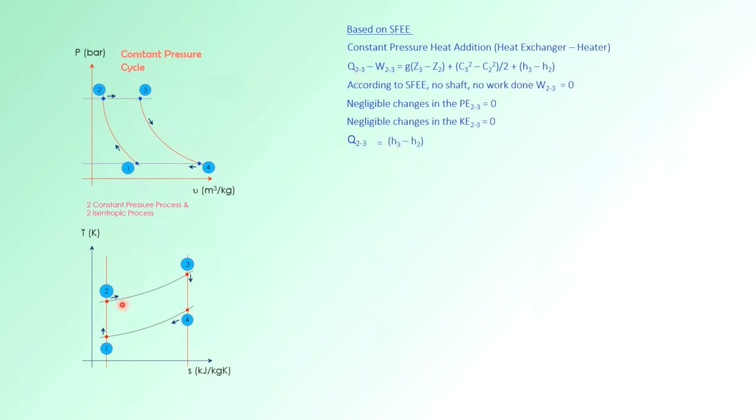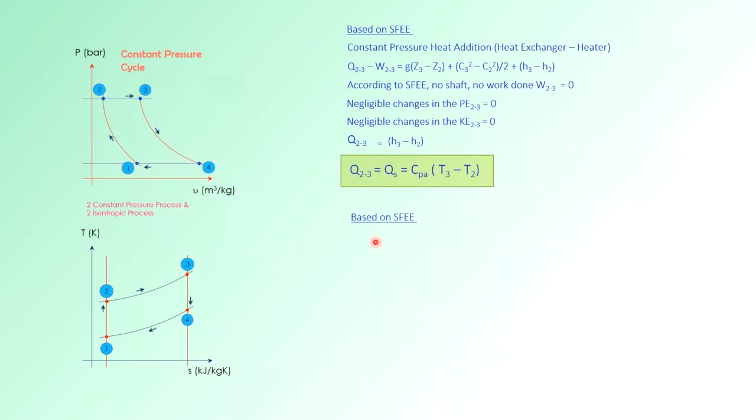So you can find the heat supply. 2 to 3 is heat supply because it is in the increasing entropy direction. So you have heat supply H3 minus H2, or you can change this to Cp (T3 minus T2). That is for the heater, or the heat supply.